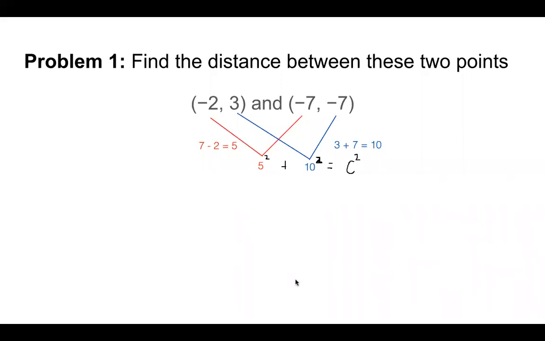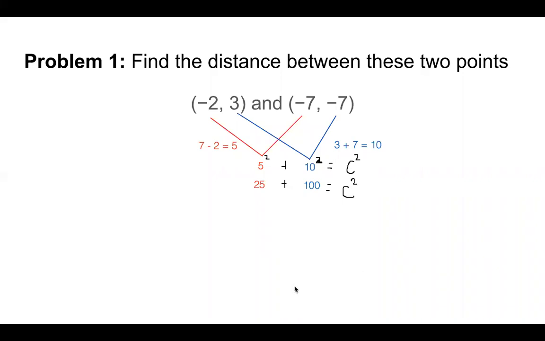Now I'll square those numbers. 5 squared is 25 plus 10 squared is 100 equals c squared.